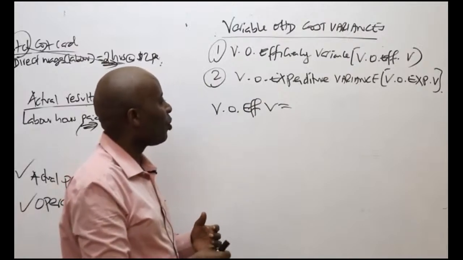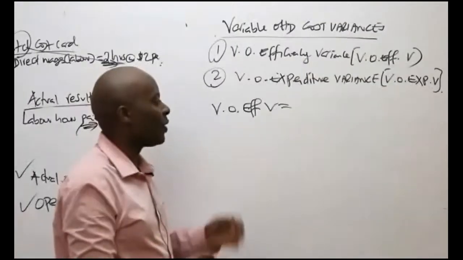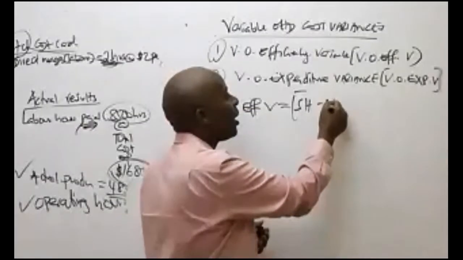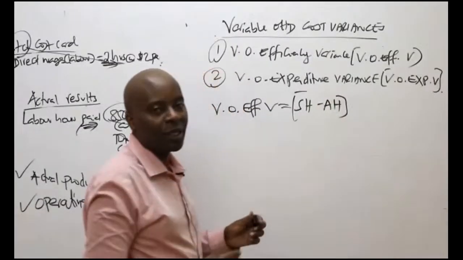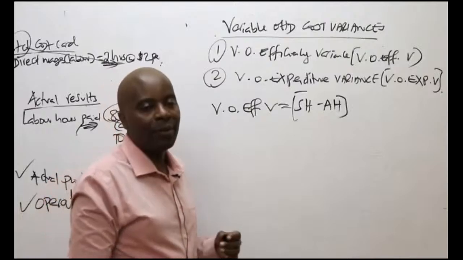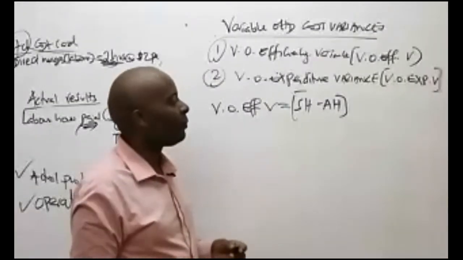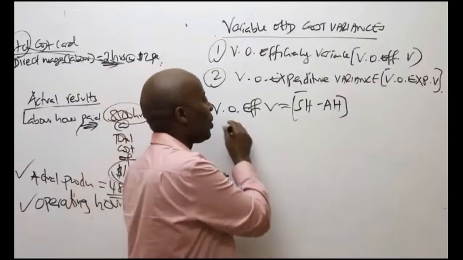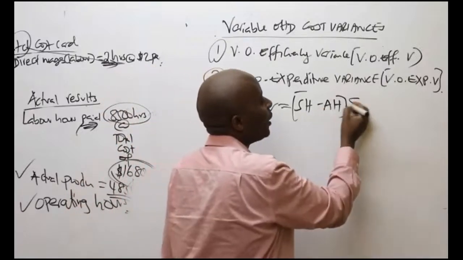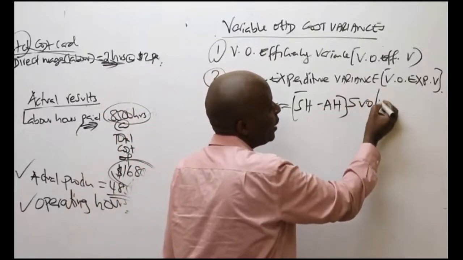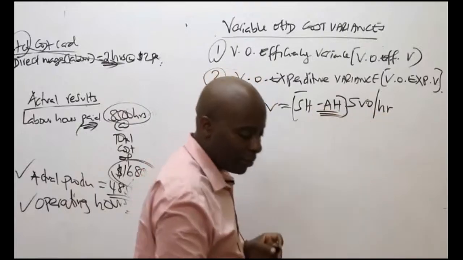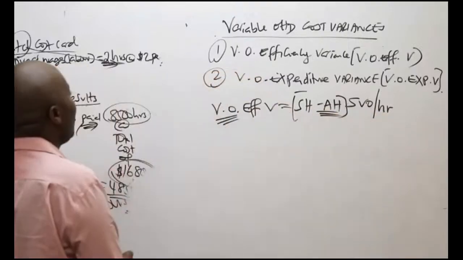So long as it's an efficiency variance, in brackets what do we have? Mr. Shah. In brackets we have Mr. Shah. And then outside here, because it's a variable overhead, we'll have standard variable overhead per hour, because these are hours.